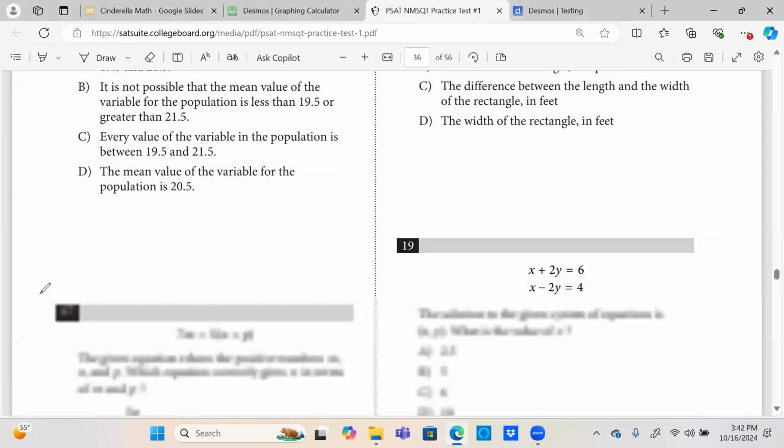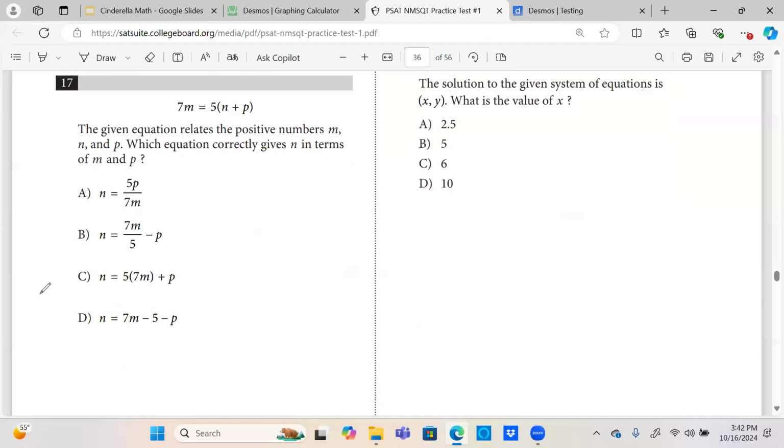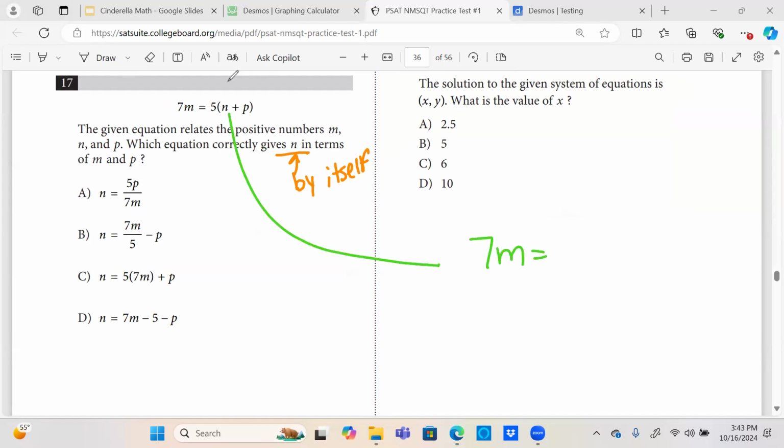Okay, 17. The given equation relates the positive numbers. Which equation correctly gives n in terms of m and p? So you want n by itself. Okay, we want n to be solved for. So I'm going to write over here for room. Let's go ahead and distribute. And now we want n by itself.